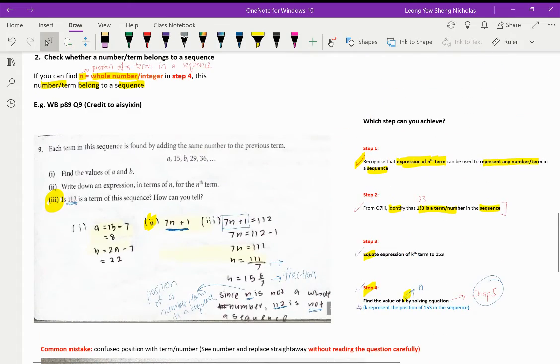This statement that I highlighted is very important, because it justifies your answer. Sometimes the question will ask you to show your working.